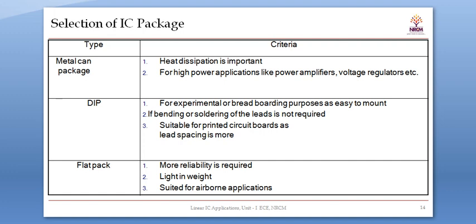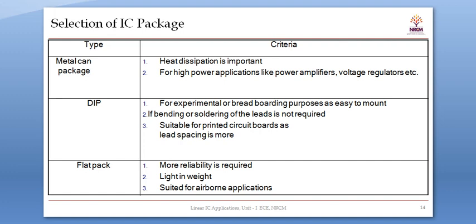Dual inline package is for experimental or breadboard purposes, as it is easy to mount on the breadboard. So we are using the dual inline package in the practical or experimental purposes. If the bending or soldering of the lead is not required, it is suitable for printed circuit boards as lead spacing is more.